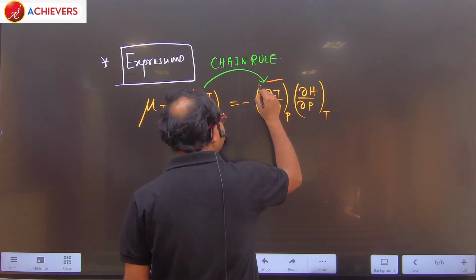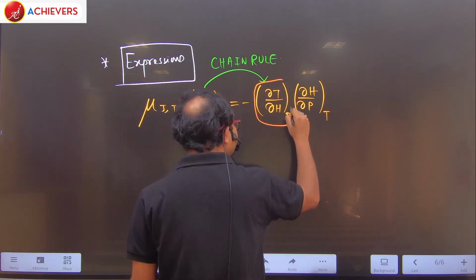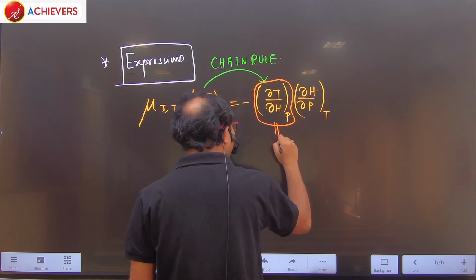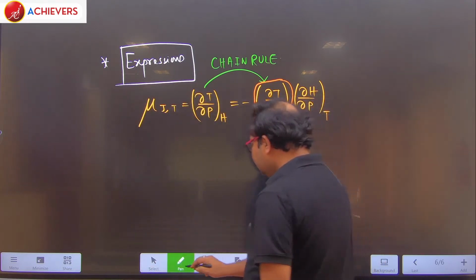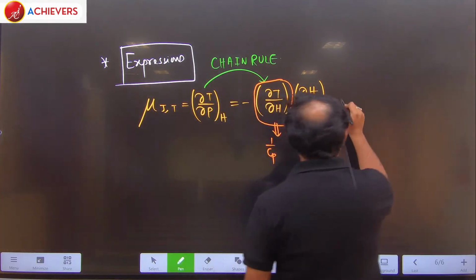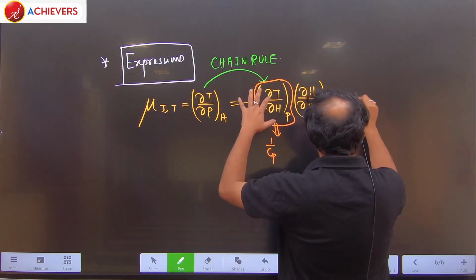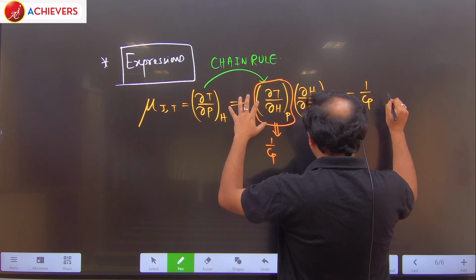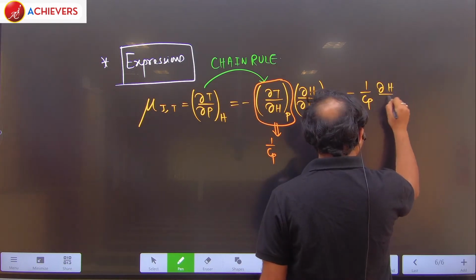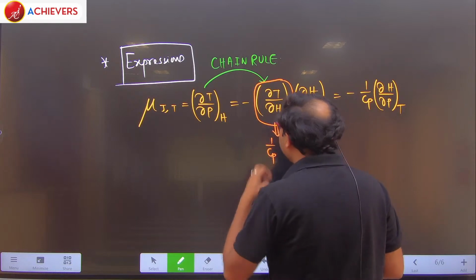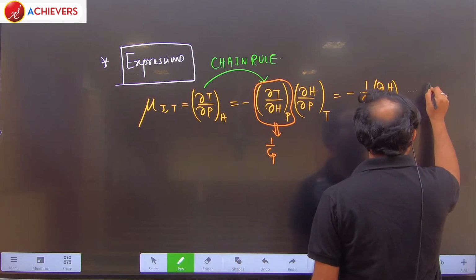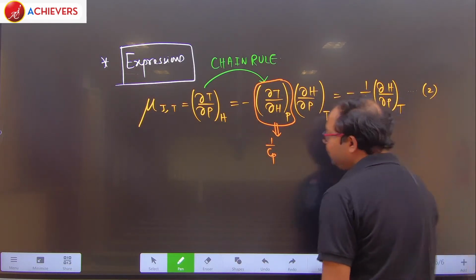So this particular term happens to be 1 by Cp. So we find that this becomes equal to minus 1 by Cp del H del P at constant T. So this is our second equation, equation number 2.